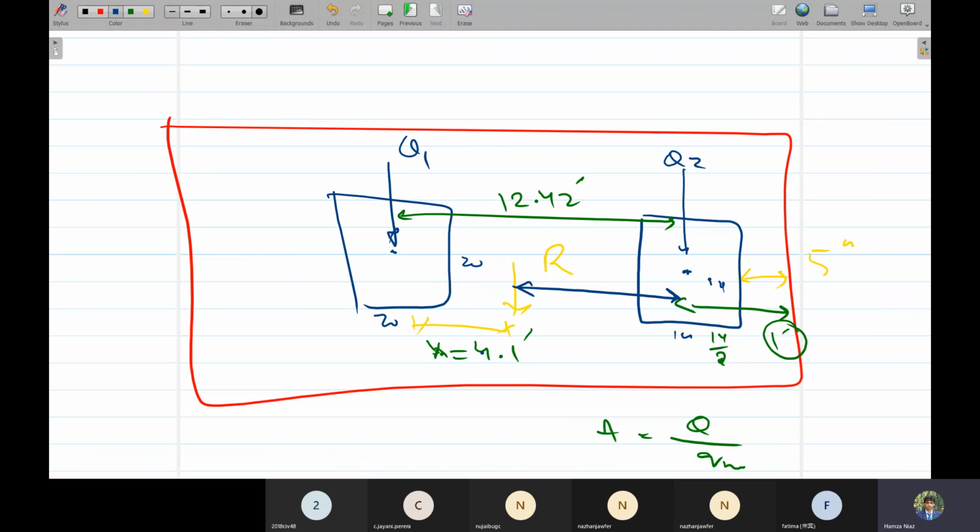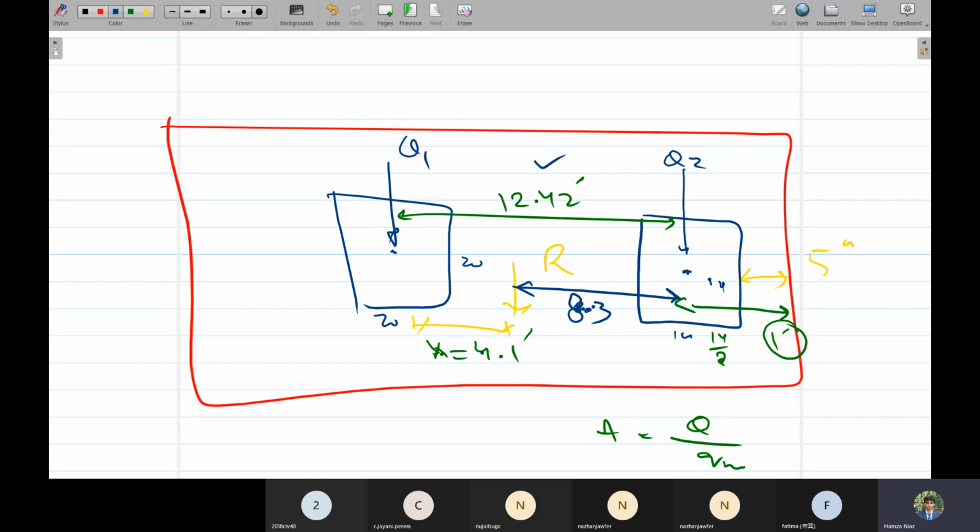Why? Because we know the total length 12.42. We know the distance of x from Q1, that is 4.1. So simply subtract 4.1 from 12.42. So 12 minus 4, 8, and 8.3 or 8.32, but they have rounded off. So simply this length is 8.3.